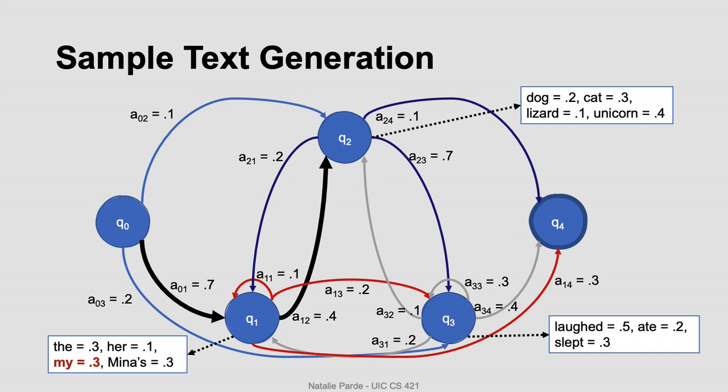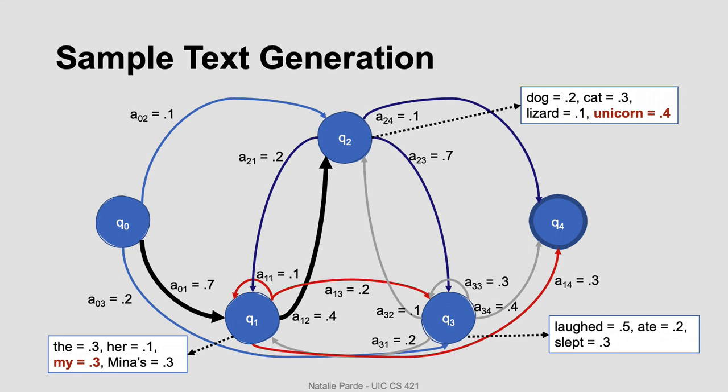So now we're in Q2, and we have 4 new options of text to generate: dog, cat, lizard, and unicorn. Again, we have a probability distribution, and we'll select randomly according to this distribution. We end up selecting unicorn, so now we have our second observation. So far our generated text is my unicorn.